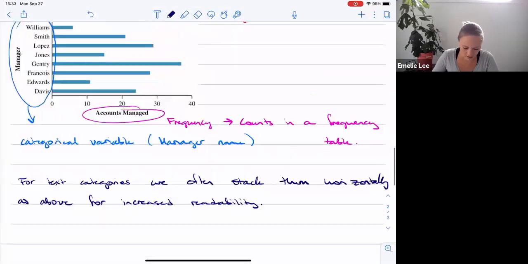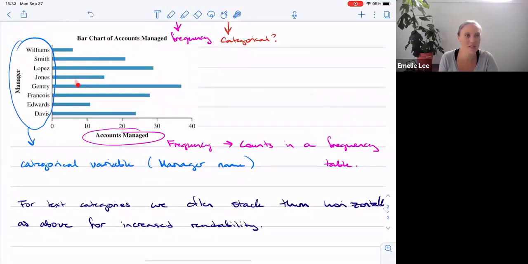Because now imagine that this graph was tilted the other way. Then you have to read William, Smith, Lopez like this, and it just is more work. Even though the bars look nicer and we can read the bars easily that way, it's harder to read text. Whereas if your categories were 1, 2, 3, 4, 5, for example, that's fine. You can read it just as easily moving across. So it depends on what your categories are and what your category names are.